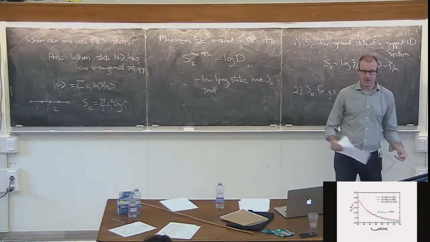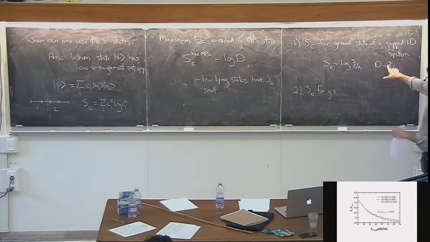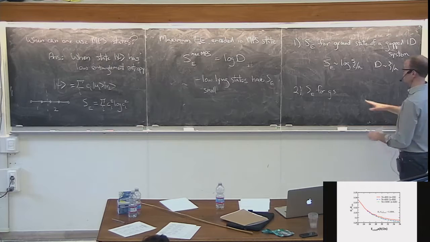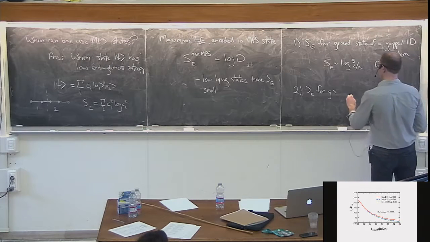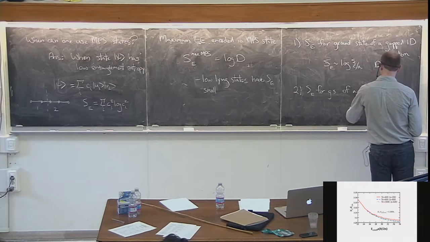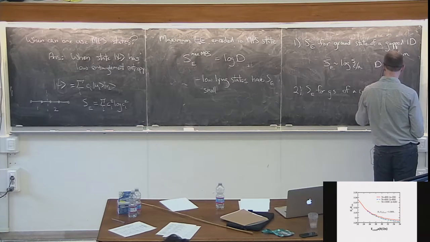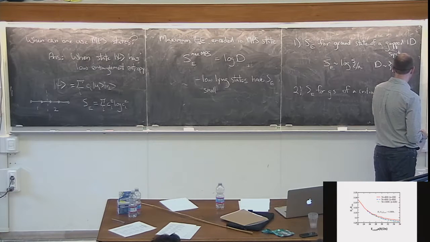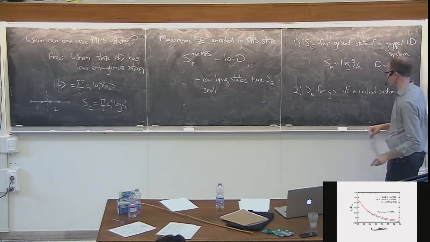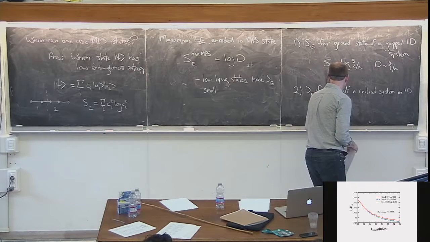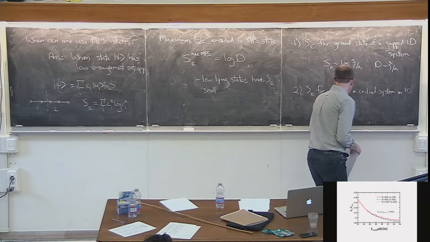Of course, for a gapped system, the MPS representation is very, very easy to come by. But even for the ground state of a critical system in 1D, we know how the entanglement entropy behaves.